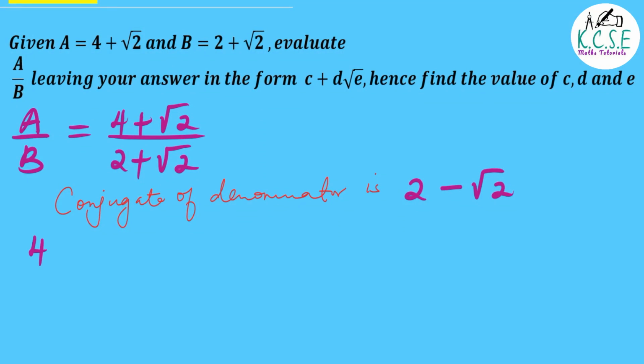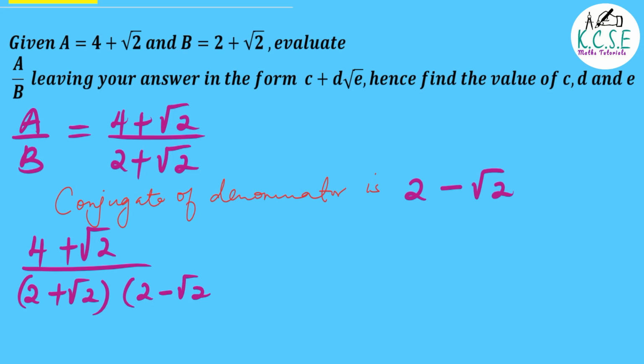So we multiply it out: 4 plus root 2 divided by 2 plus root 2, multiplying both the numerator and the denominator by this conjugate, 2 minus root 2.